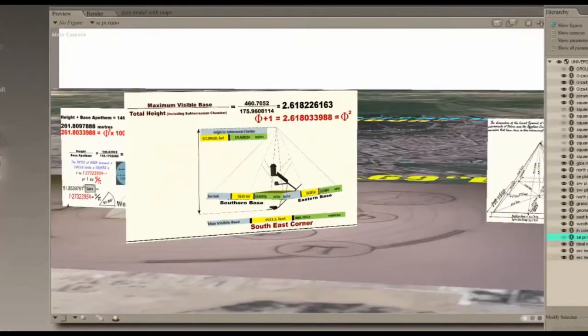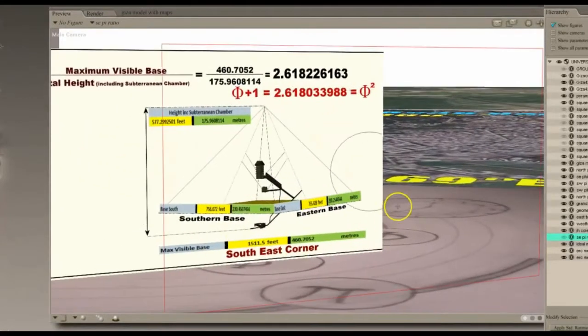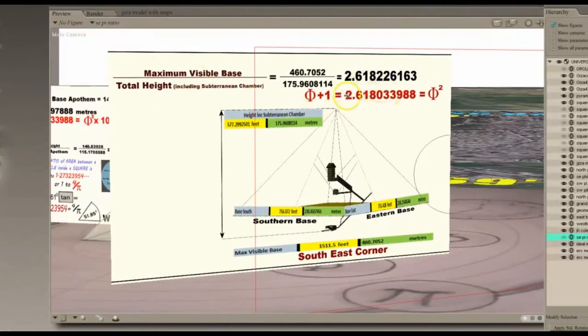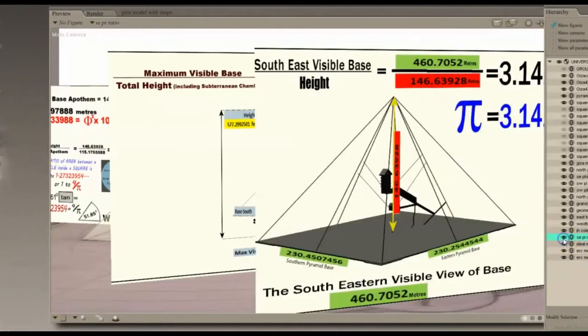By that I mean, including the subterranean, the southeast corner as a proportion gives us phi squared, and so close that the minuscule margin of error within the survey data would bring us to that actual exact perfect point of phi. So the southeast corner, including the eastern axis, represents perfect proportions of pi, phi squared, as well as pi.